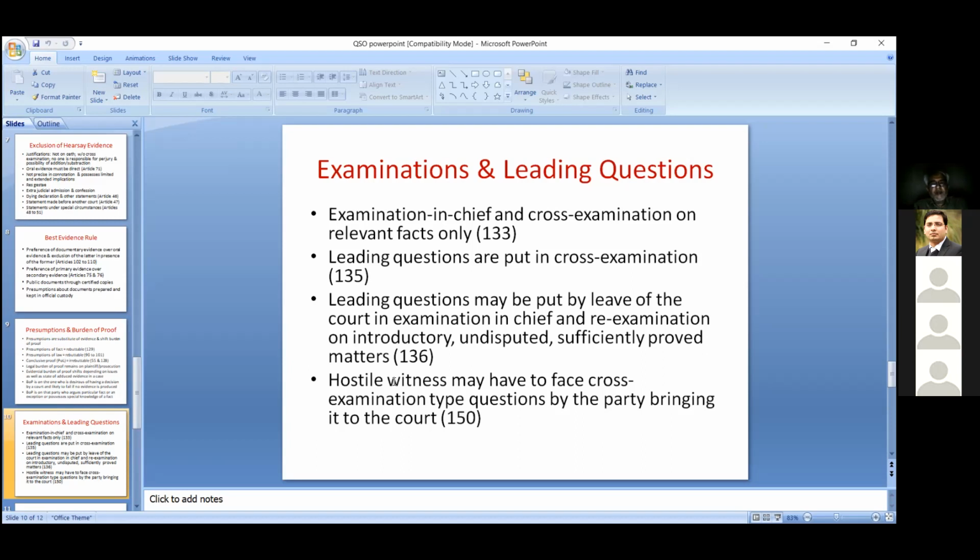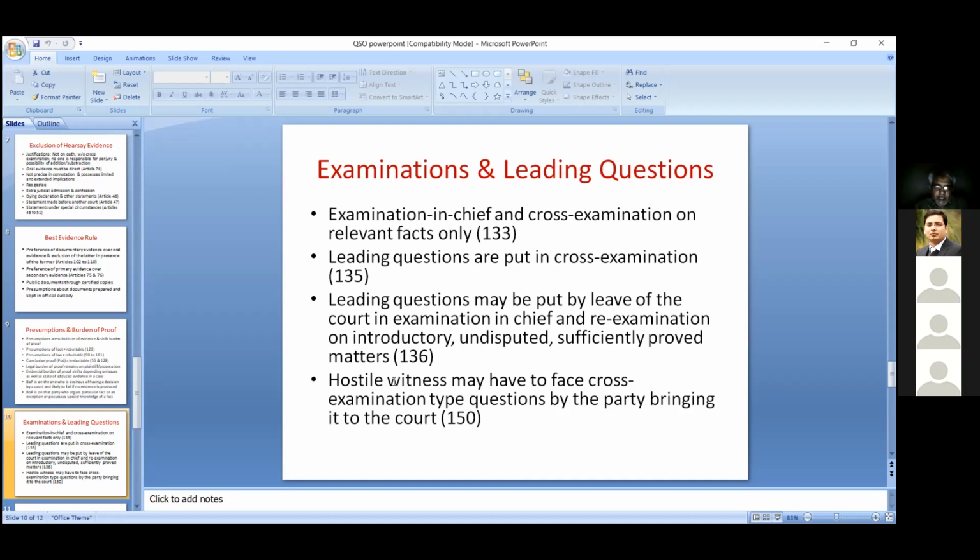But sometimes a witness brought by a party turns hostile against that party, and this concept is there in Article 150. For example, a prosecution witness starts to give evidence against the prosecution. So what the prosecution expected when they brought that witness in, he is not giving that kind of evidence.